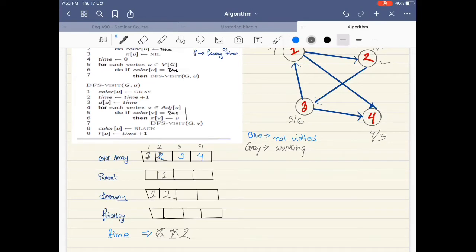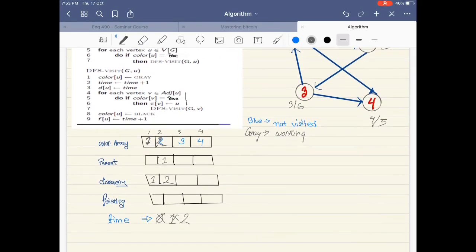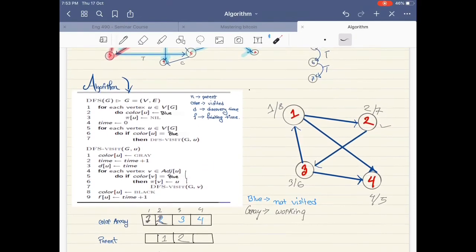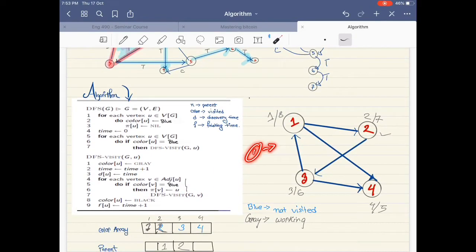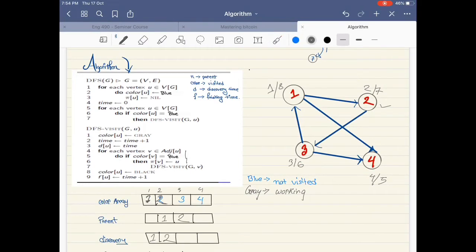So we put 2 as the parent of 3. I'm sorry, this would be 2 here, and then we call the recursion function again, where we are going to put 3. So 1 called 2, 2 now is calling 3, right? So 3 comes back here where u is 3, so we are going to gray out 3.